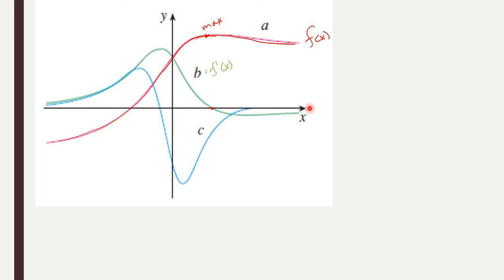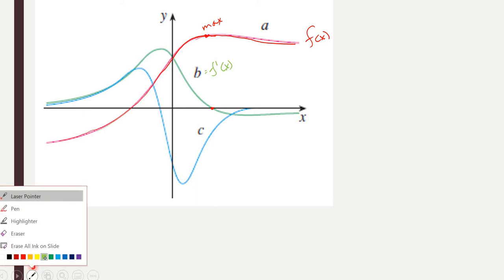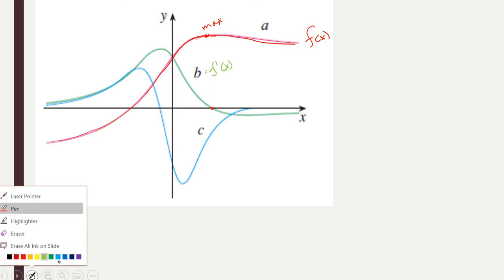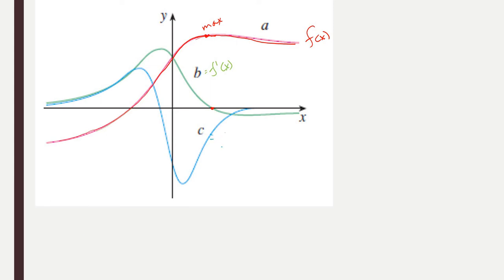All right, let's now look at my green graph compared to my C, and C is going to be my f double prime. So let's look at the B relationship to C. Again, we're talking here about increasing and decreasing and maxes and mins.